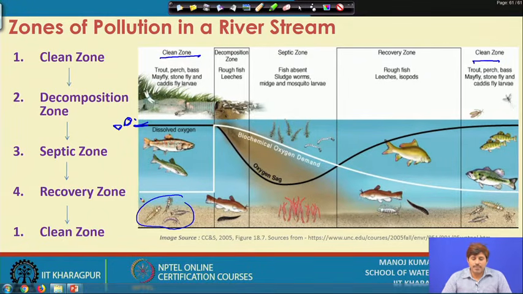Now, when a waste stream is introduced in the river, the first zone that we get, immediately after introduction of this waste stream, we call the decomposition zone, when the decomposition of the waste starts.